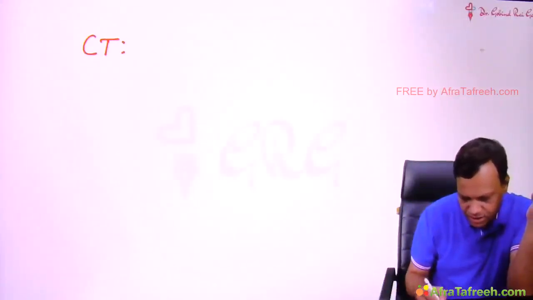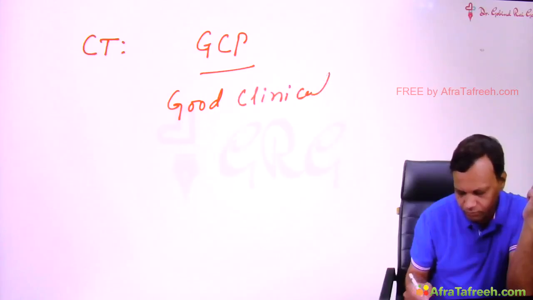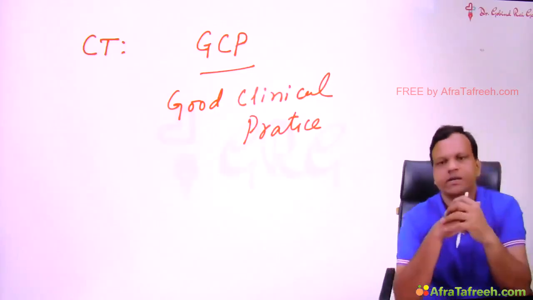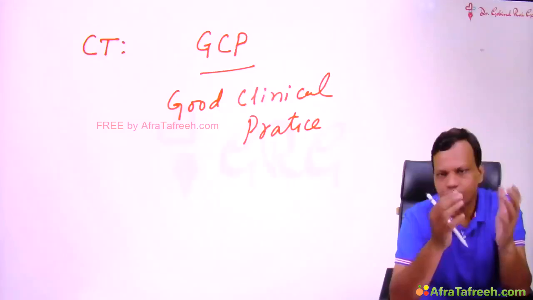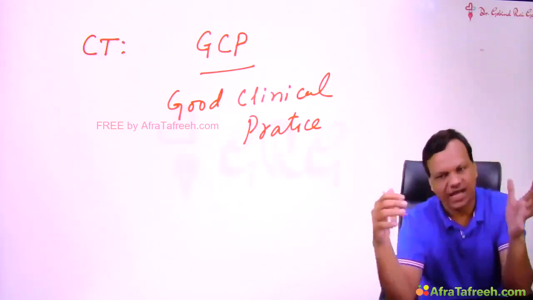Whereas for clinical trials, for human studies, there are guidelines known as GCP guidelines, Good Clinical Practice Guidelines. There is a booklet of GCP guidelines which tells every step of how to go about it ethically.